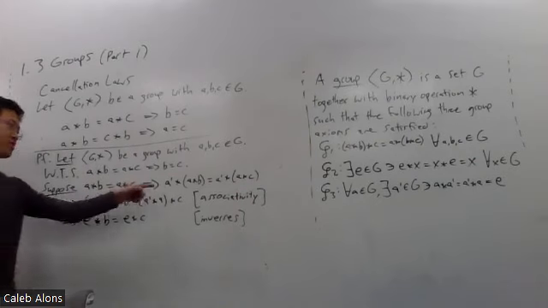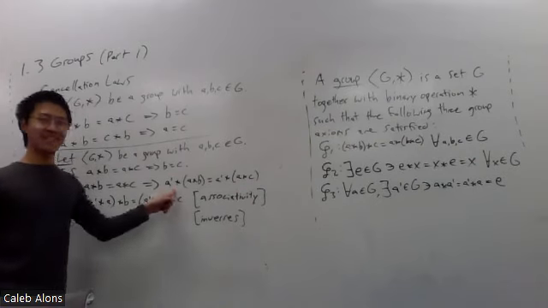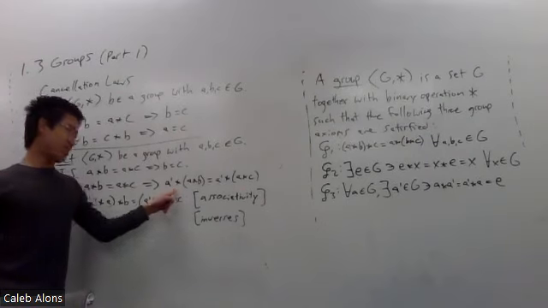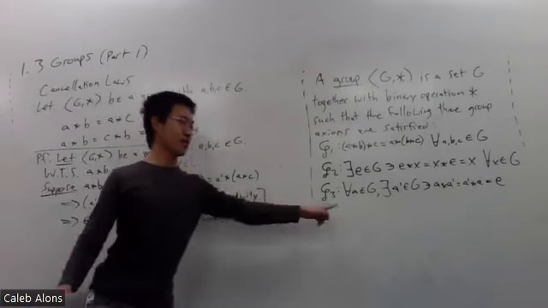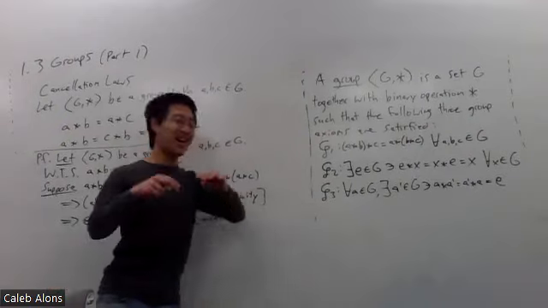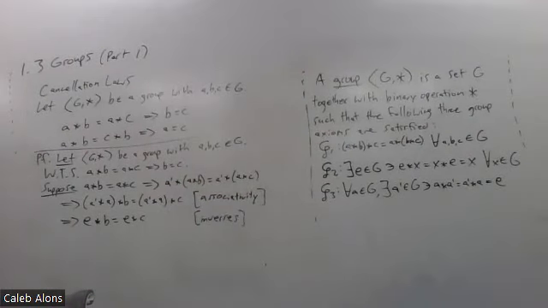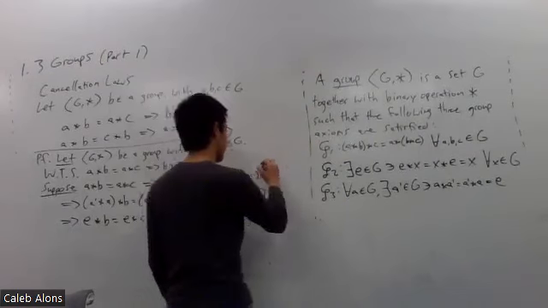And technically, to do this first step at all, you're citing the existence of an inverse too. You can only cite the existence of an inverse if you're in a group. Otherwise, that inverse is not actually guaranteed to exist for you. So we are technically using inverses up here as well.